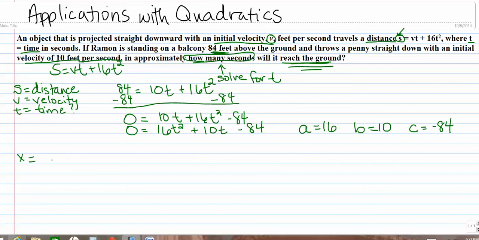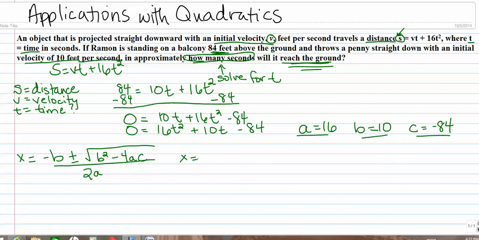And in case you forgot it, x equals the opposite of b plus or minus the square root of b squared minus 4 times a times c all over 2 times a. So now it's going to be a matter of me plugging in these values for a, b, and c and doing the math.